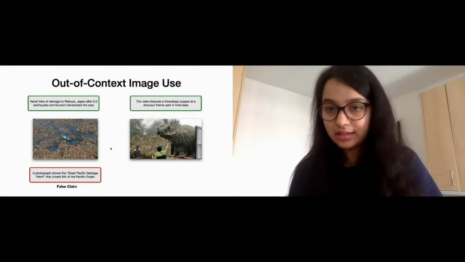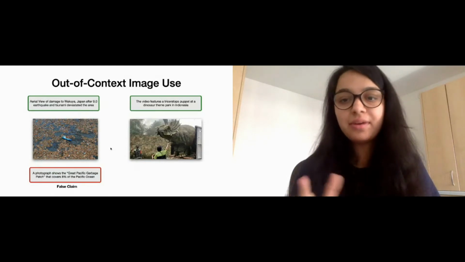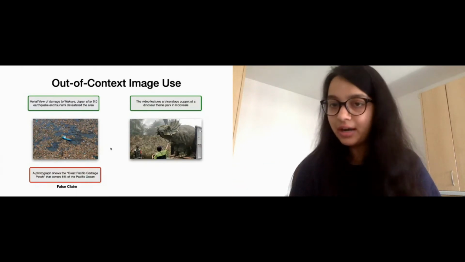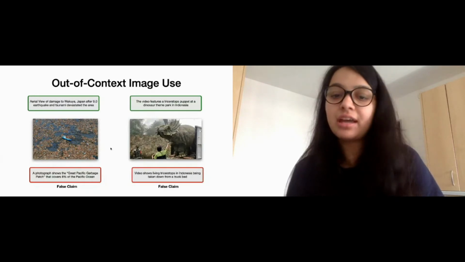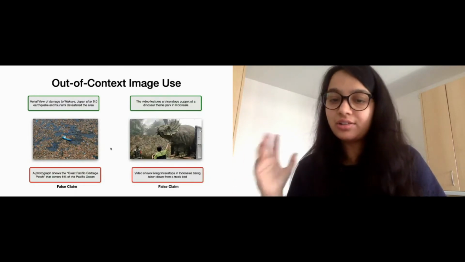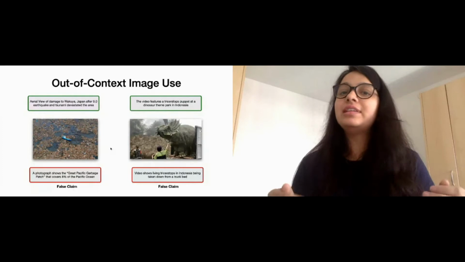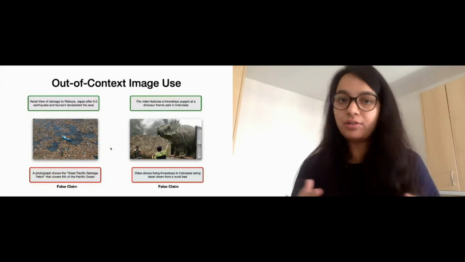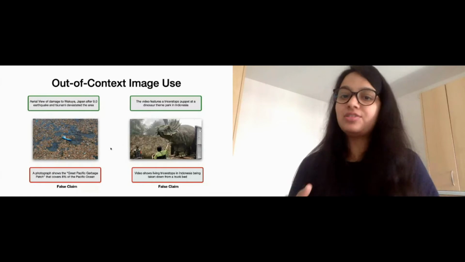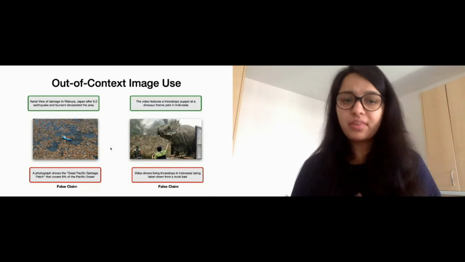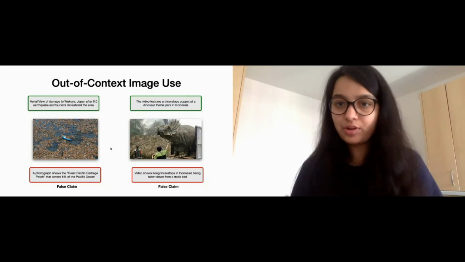And there's another image on the right, which is actually of a Triceratops puppet in a dinosaur theme park in Indonesia. This image was shared with a claim that this is a real Triceratops in Indonesia. So this is the kind of thing about out of context images. People just take old images, recycle them, and share them with false claims. And this is the thing that we want to detect with this project.